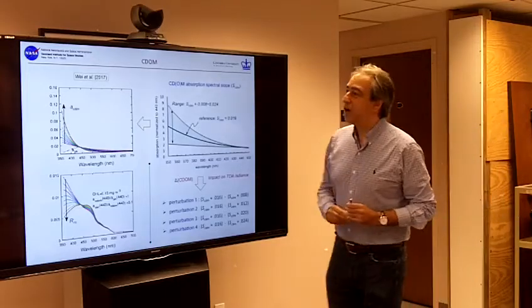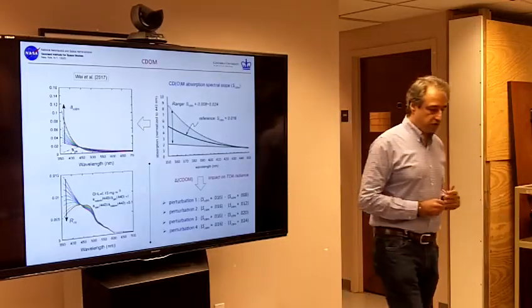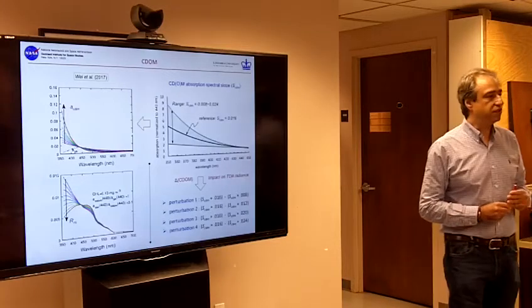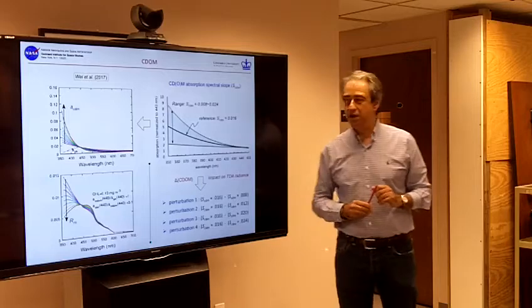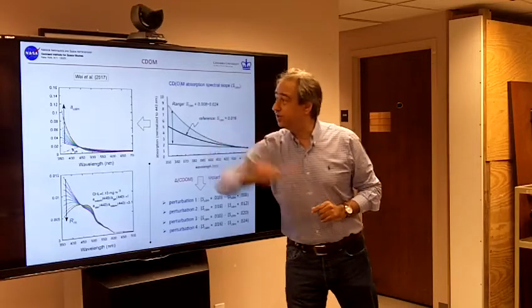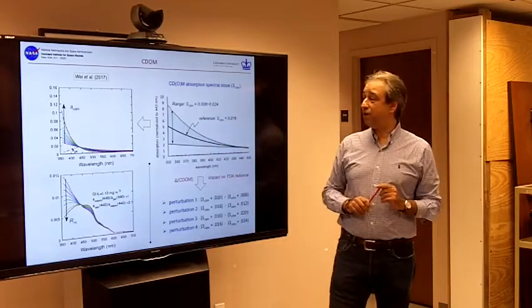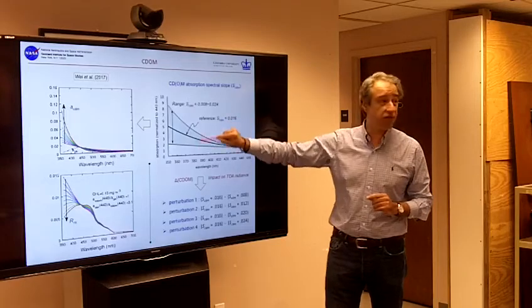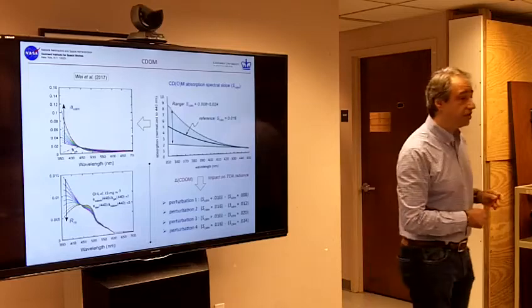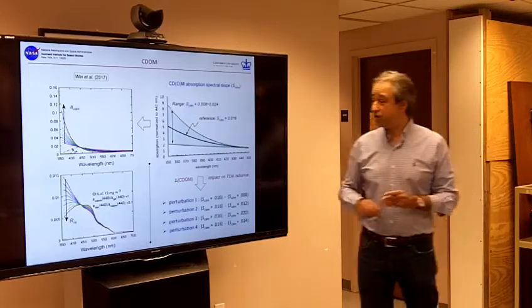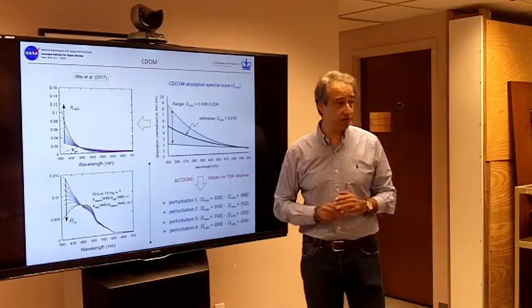For CDOM, what we did was we used an approach that is actually quite similar to what has been done before about 2 years ago, and it is very simple. What Wei and Al did was they looked at reasonable ranges in the exponential absorption by CDOM in the ocean as you go from the visible part to the UV part of the spectrum.